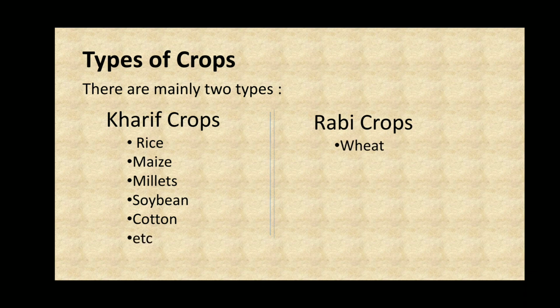And for rabi crops, we have wheat, barley, oats, pulses, mustard, and many more. So now we have learned some of the examples of these. Now let's differentiate them so we'll be clear about kharif crops and rabi crops.